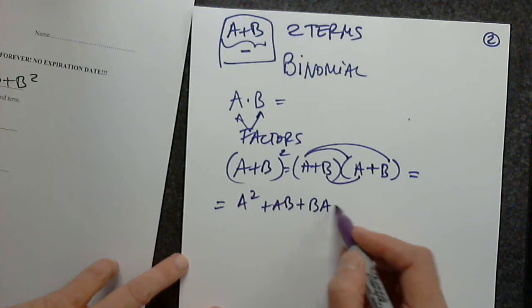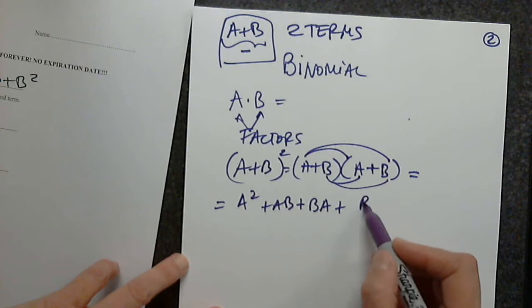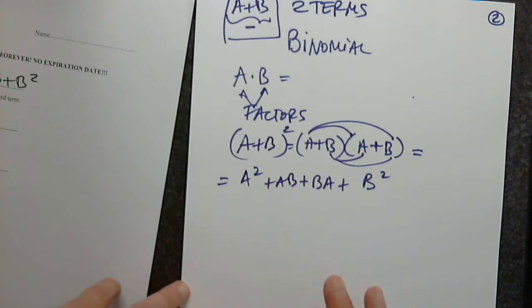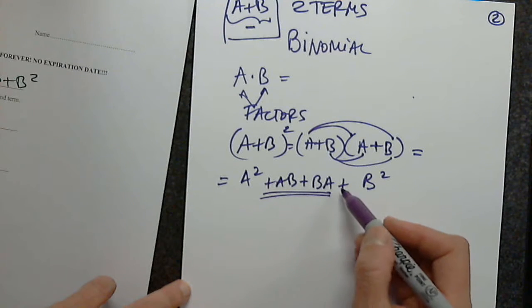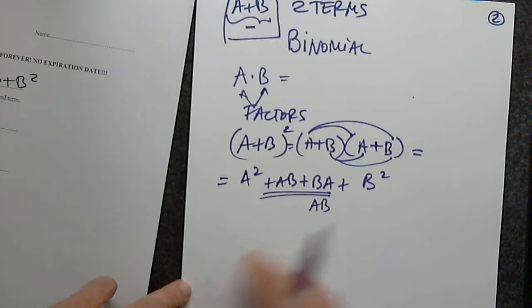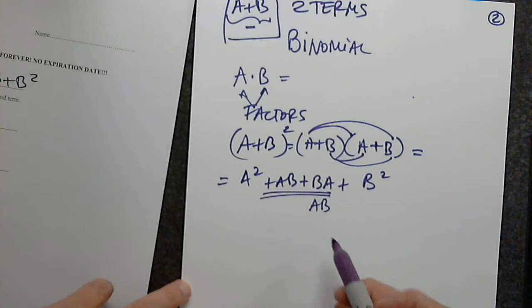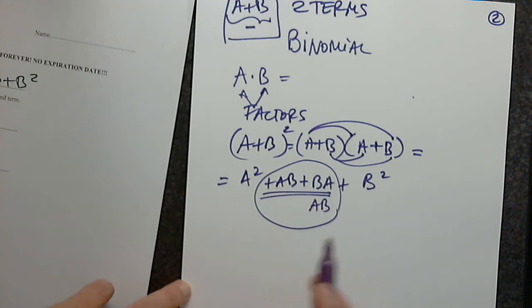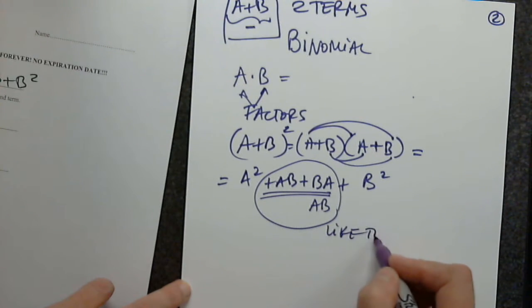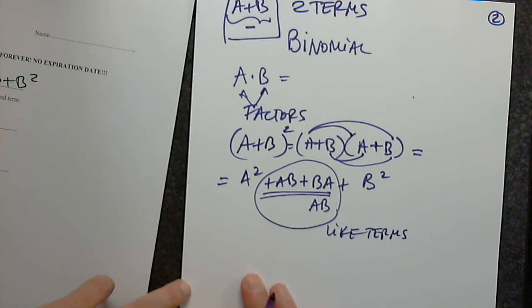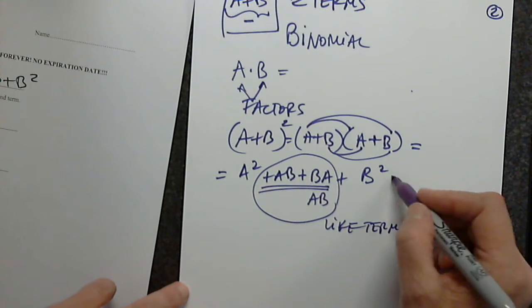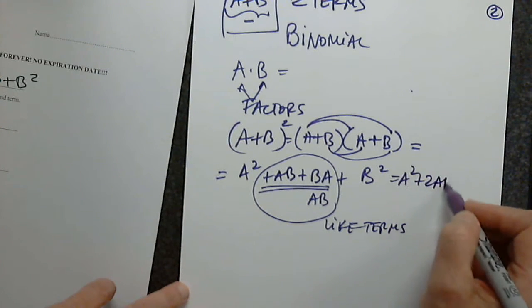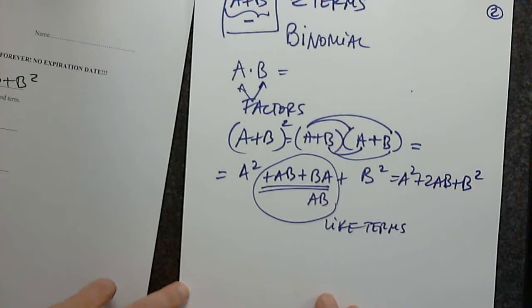I don't know where you are and how fast we can go. Well, I shouldn't even write ba because ab and ba are the same. Of course, these two are like terms, and they will be combined. So we end up with a squared plus 2ab plus b squared.